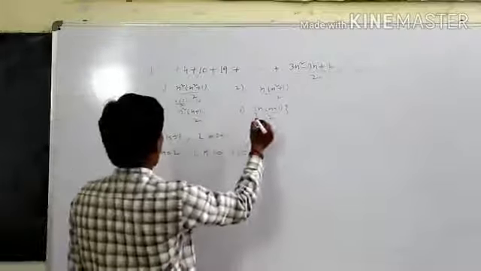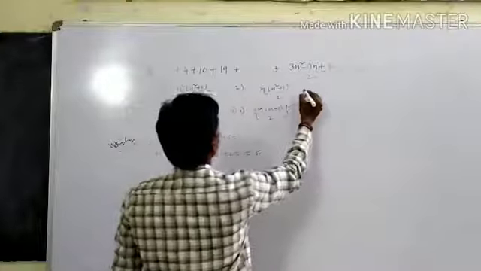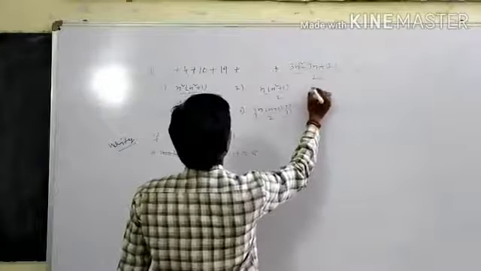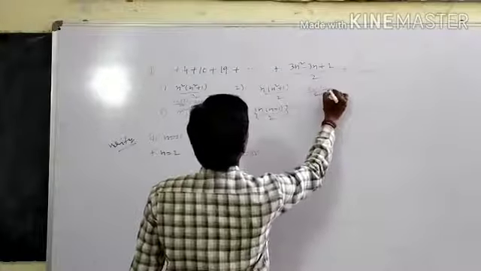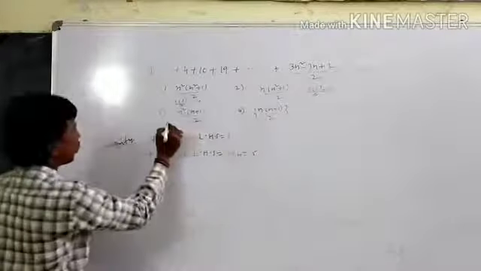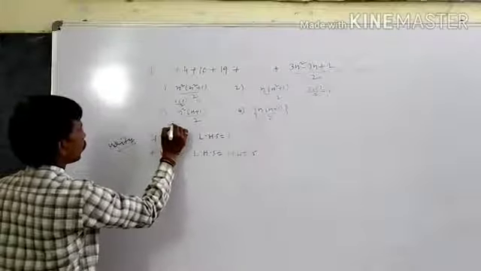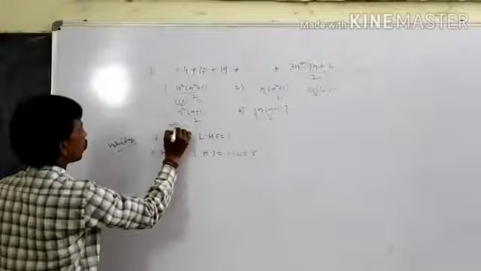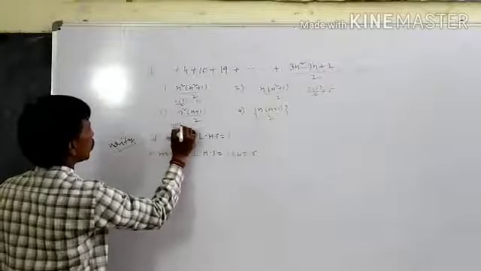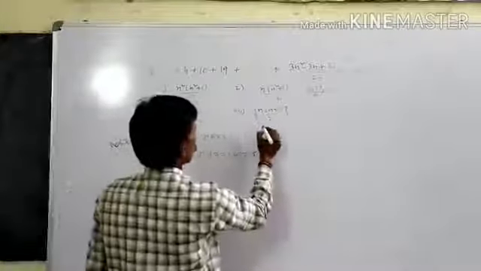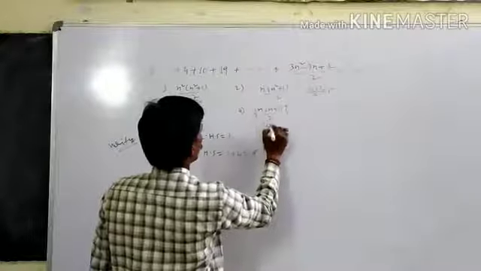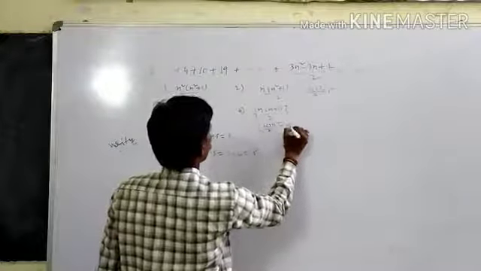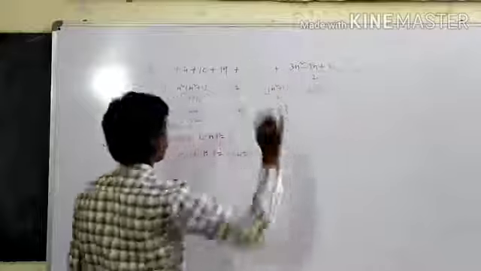Second option: 5 by 2 times 2, so it is 5. Third option: 4 into 3 by 2, that is 6. Fourth option: (2 into 3 by 2) whole square, that is 9. So the second option is the right answer.